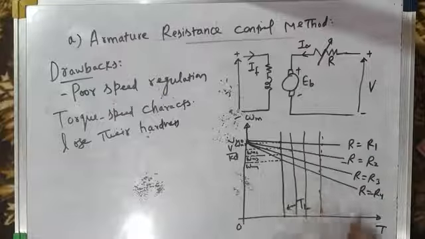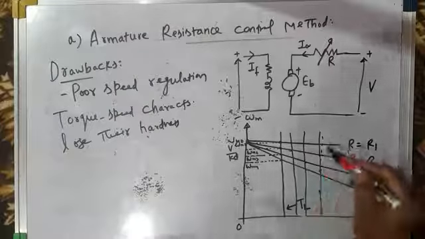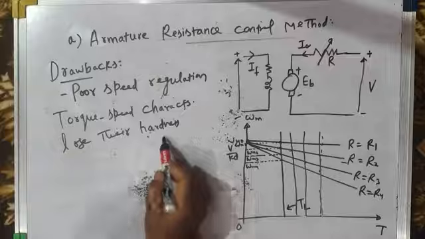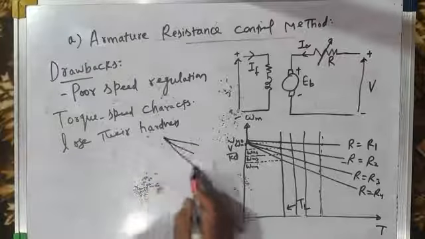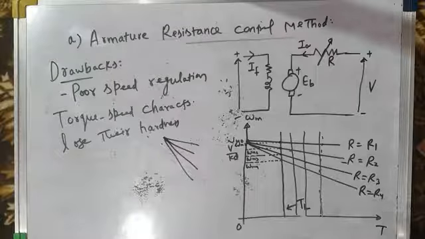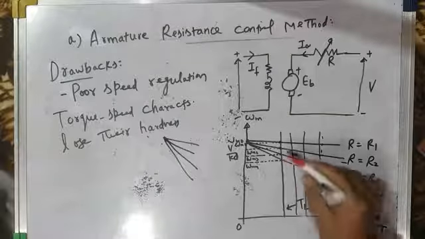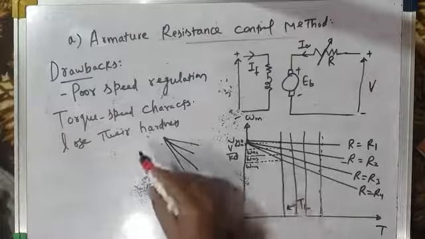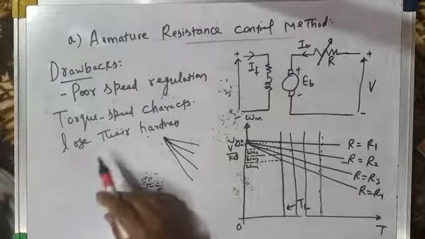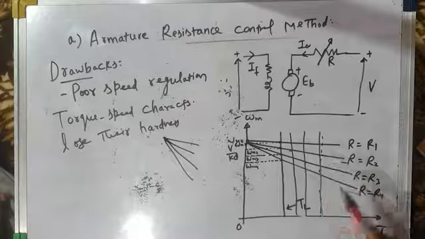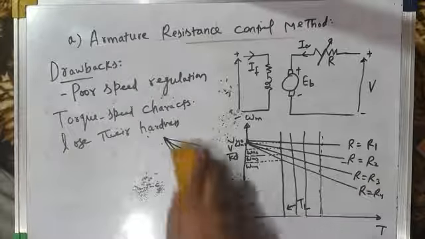They are not parallel to each other. You can see none of them is parallel to each other. The slope goes on increasing like this. So these are not parallel characteristics. If the characteristics are parallel, then we say that they have retained their hardness, but they do not retain their hardness. So the torque speed characteristics lose their hardness. That's why they have poor speed regulation. So this is one drawback.